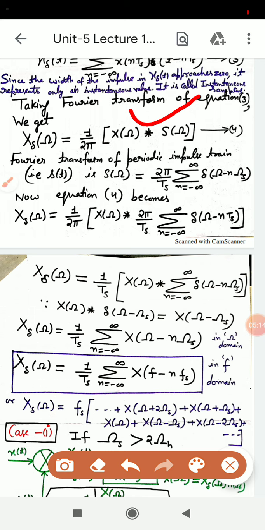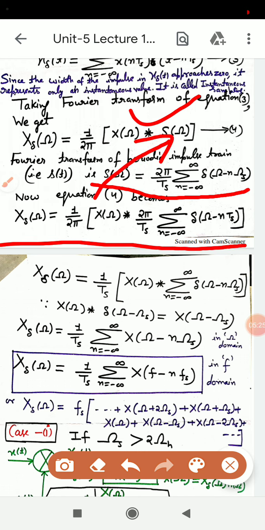And this is the Fourier transform of the impulse train, so we can put S(omega) here. So we get this, and after that we get this.